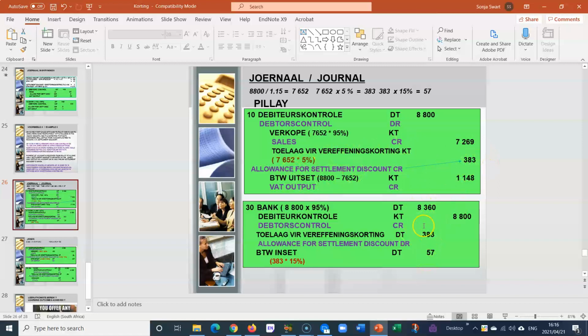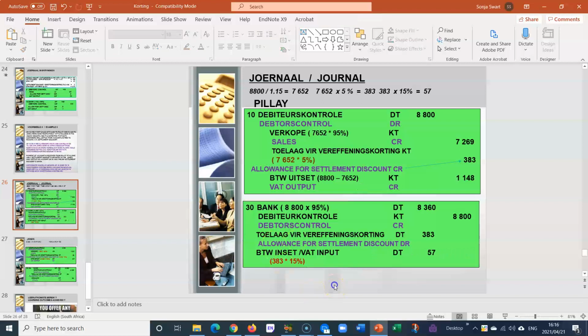And now I can claim 15% on the 383 as VAT input. So 383 times 15% equals the VAT input of 57 Rand. Just put it here. Debit of 57 Rand.